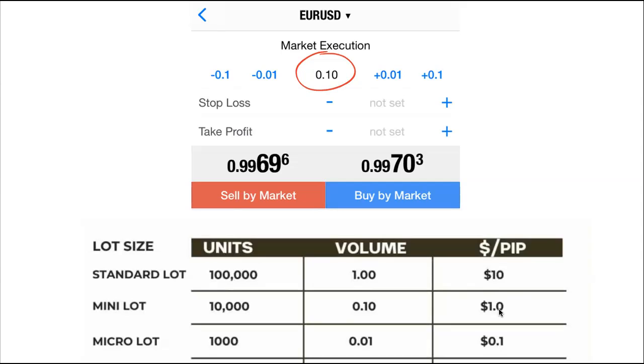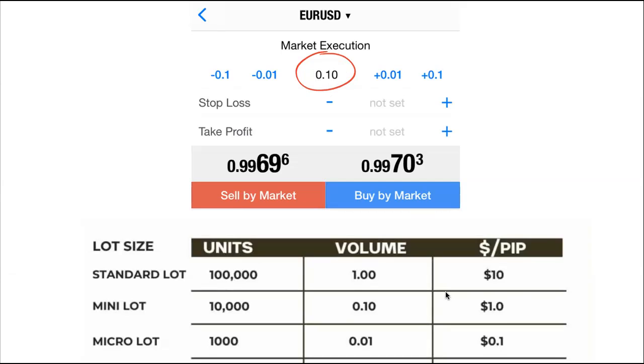And this was something that I struggled with in the beginning until I understood that 10 pipettes or 10 ticks made up one pip. And so when you are looking at this number, understand that this is the pipette. So 10 of these equals the actual pip.